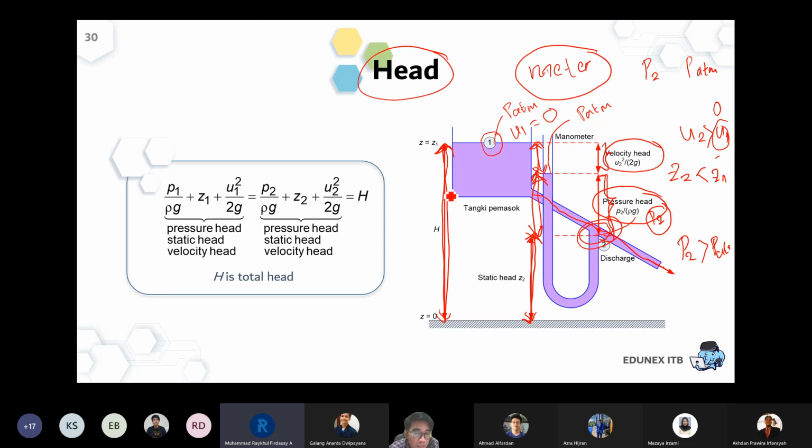Kenapa di sini bisa diasumsikan total head? Anda bisa asumsikan tekanan atmosferik itu kalau dihitung sebagai gauge pressure, it will be equal to 0. Ya, as the gauge pressure, you can calculate P1 as 0 because it is atmospheric pressure. It means since this one is also 0, at point 1, the total head only comes from the static head.